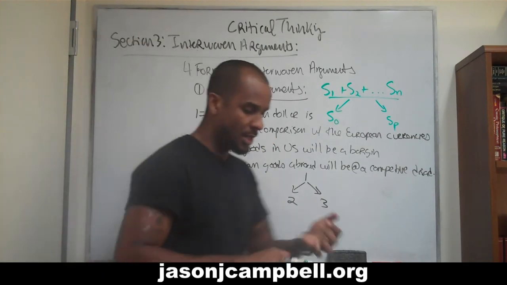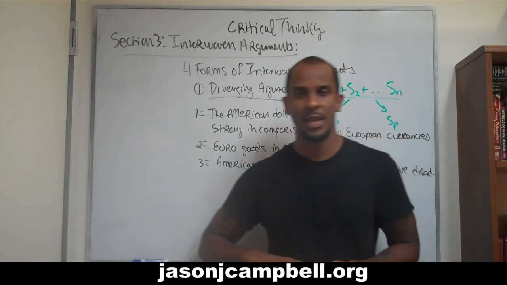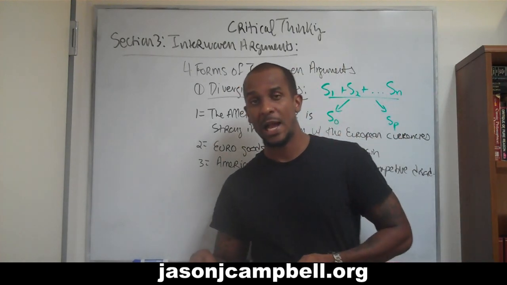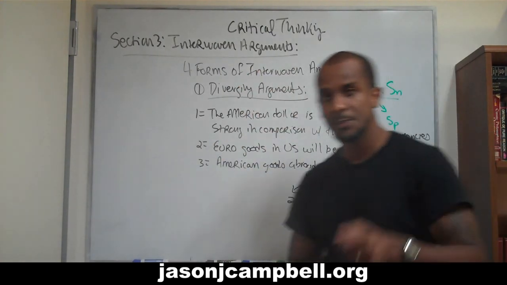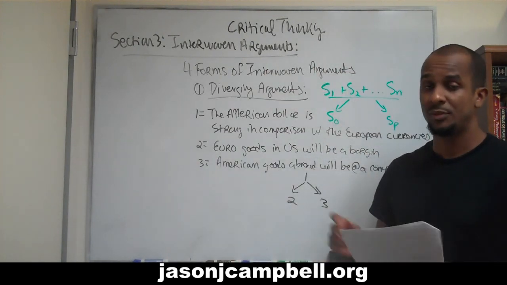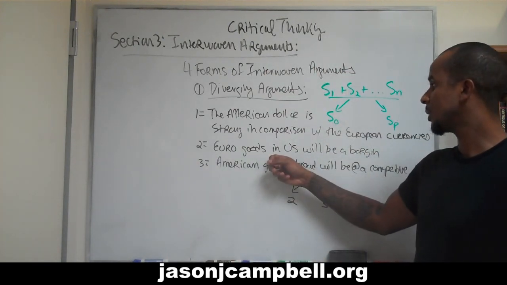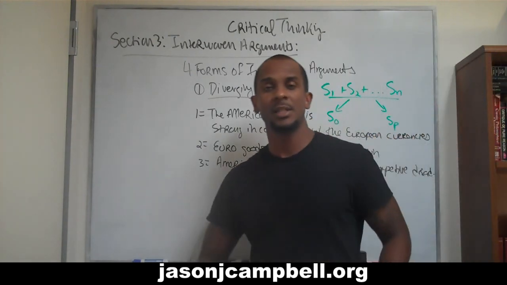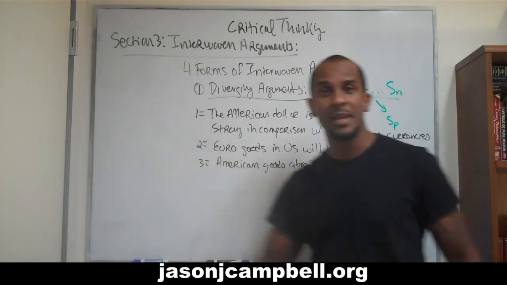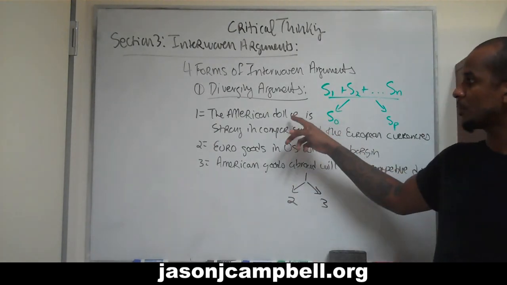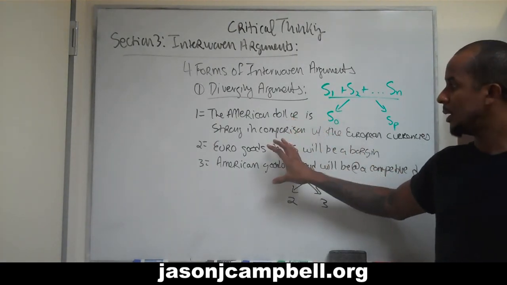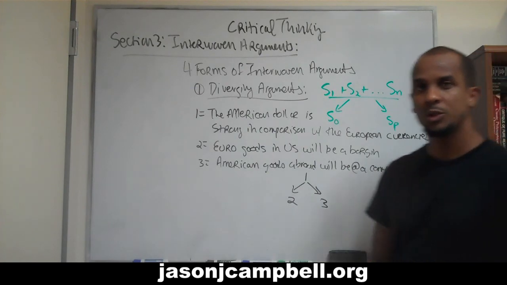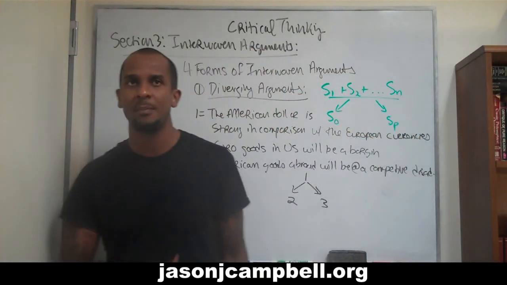The American dollar has more value than European currency, so I can get more with my American dollar. This will be the bargain. The disadvantage, however, is that American goods will not be competitive. The same premise implies two different conclusions.